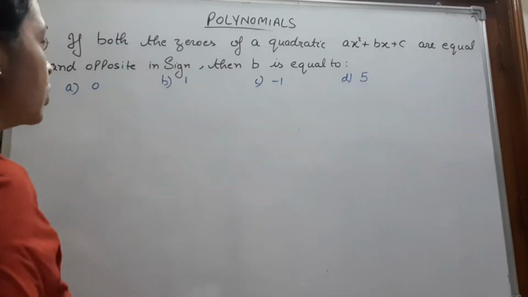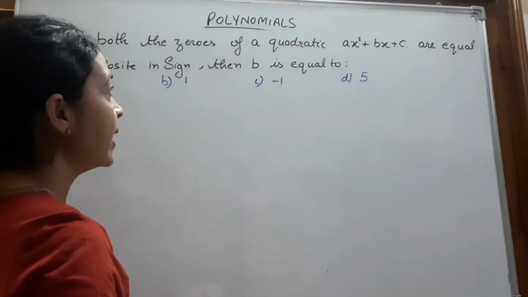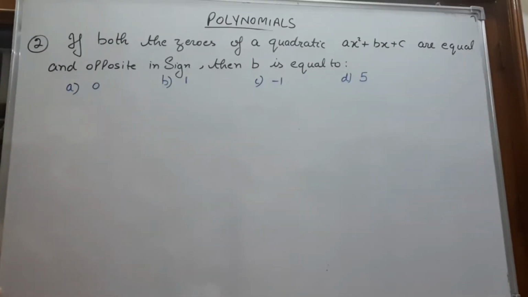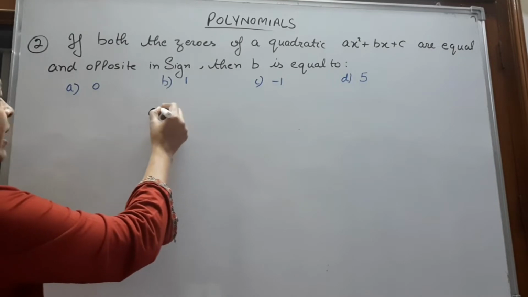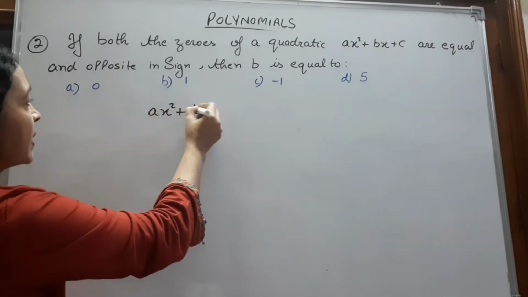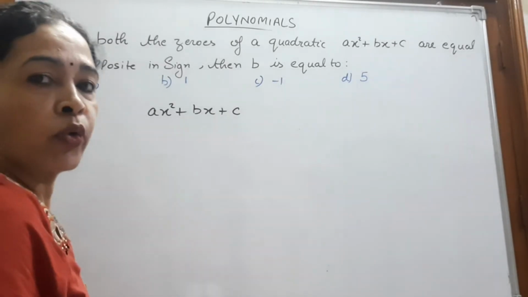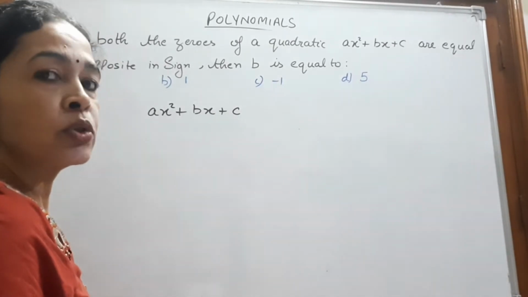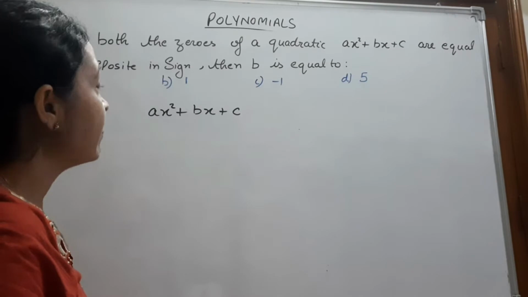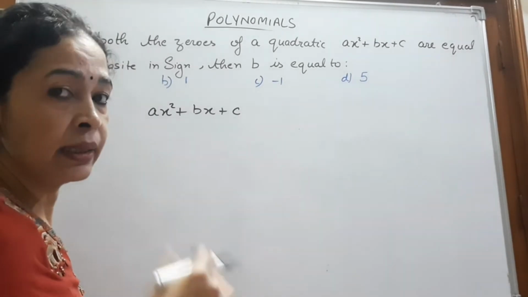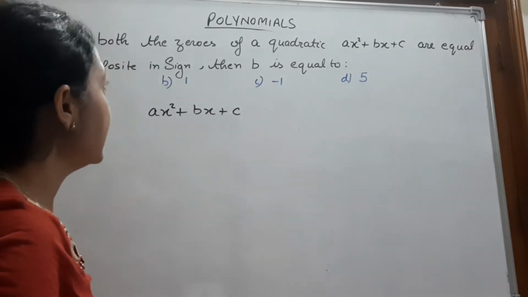If both the zeros of a quadratic polynomial ax square plus bx plus c are equal and opposite in sign, we have a quadratic polynomial ax square plus bx plus c. We know that a quadratic polynomial can have at most two zeros. It is given that both the zeros are equal but different in sign.